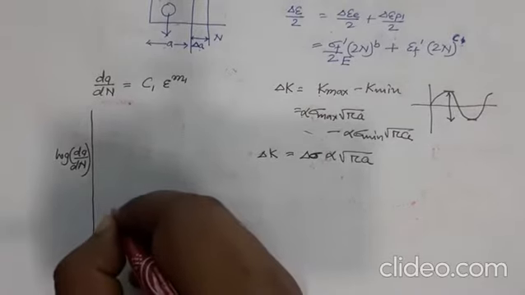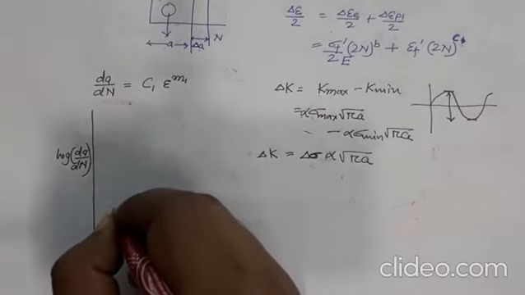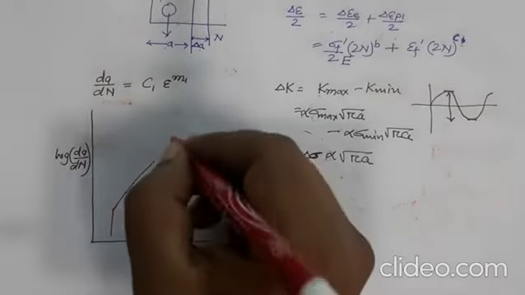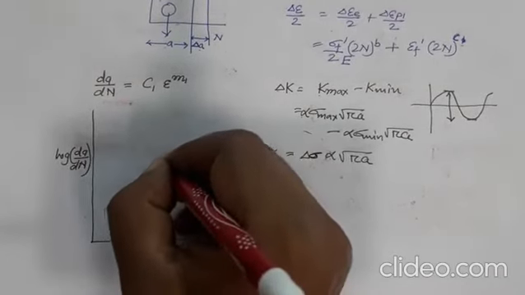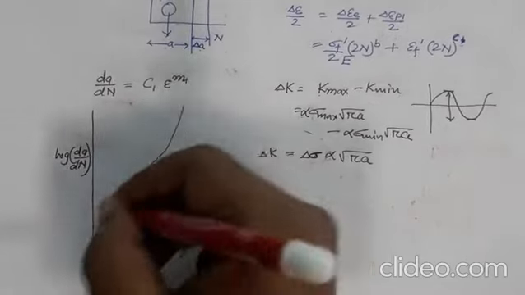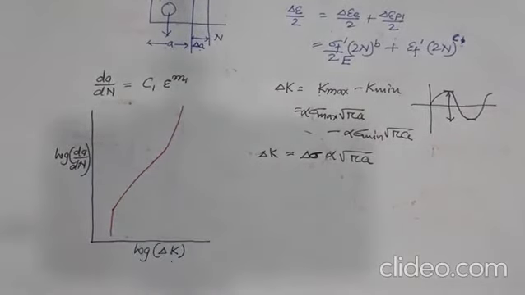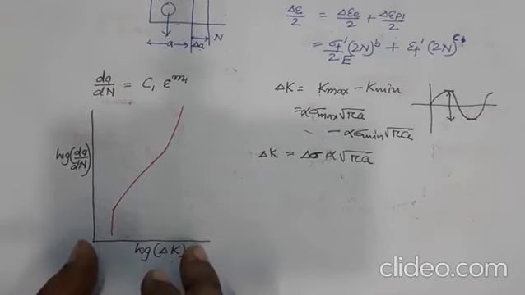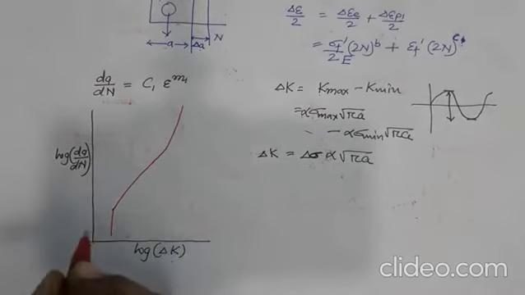So initially there will be no crack growth, then the crack growth is almost linear, and then it increases with a very high slope. Okay. So this behavior can be broken into 3 regions.